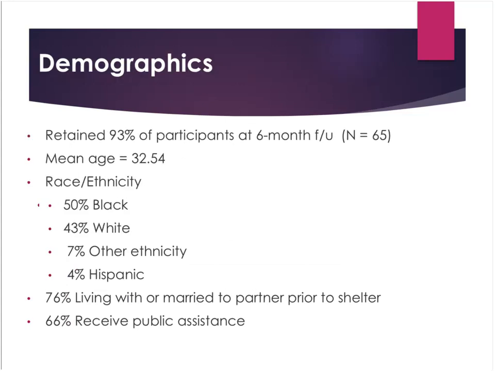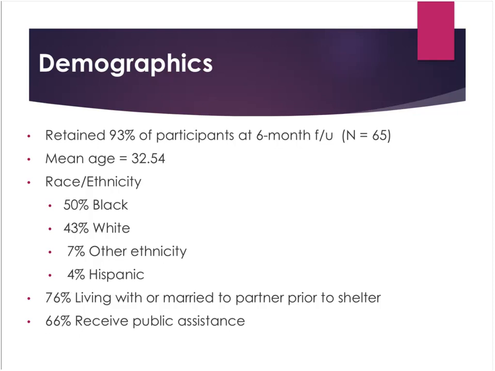So this was actually, we were very surprised. We retained 93% of participants at 6-month follow-up, so we had an excellent follow-up rate. The women who participated were relatively young, mean age 32 and a half, and as is pretty consistent with the shelters that we were working with, our population was about 50% African American and 50% white.